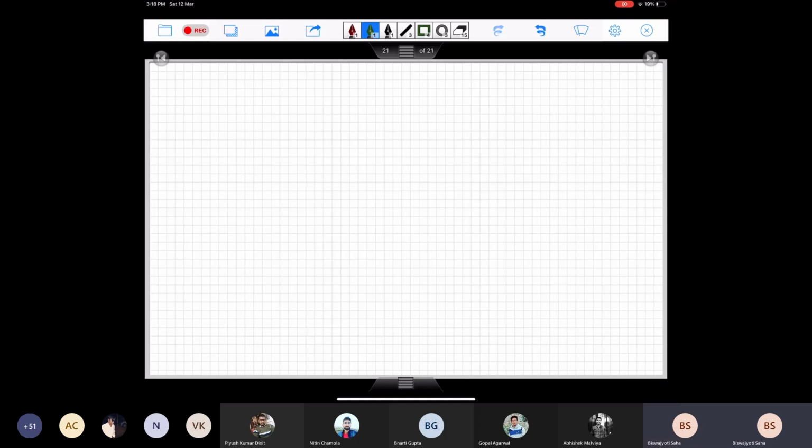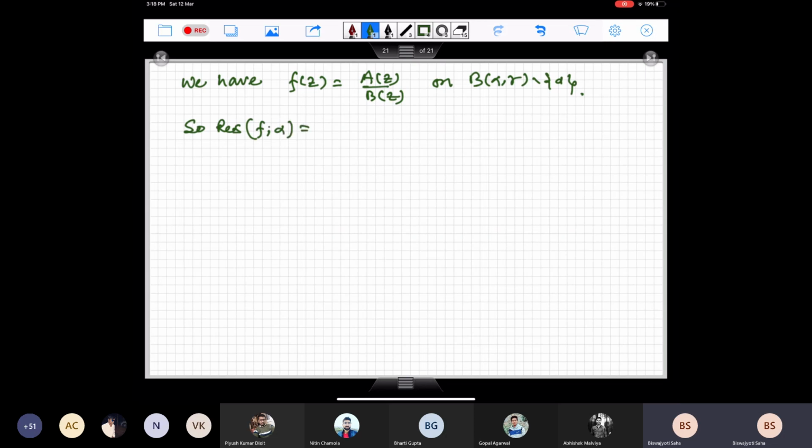We have f of z is equal to a(z) by b(z), and this equality is on the deleted disc around alpha. I already know that the residue of f at alpha is the limit as z tends to alpha of z minus alpha times f of z.